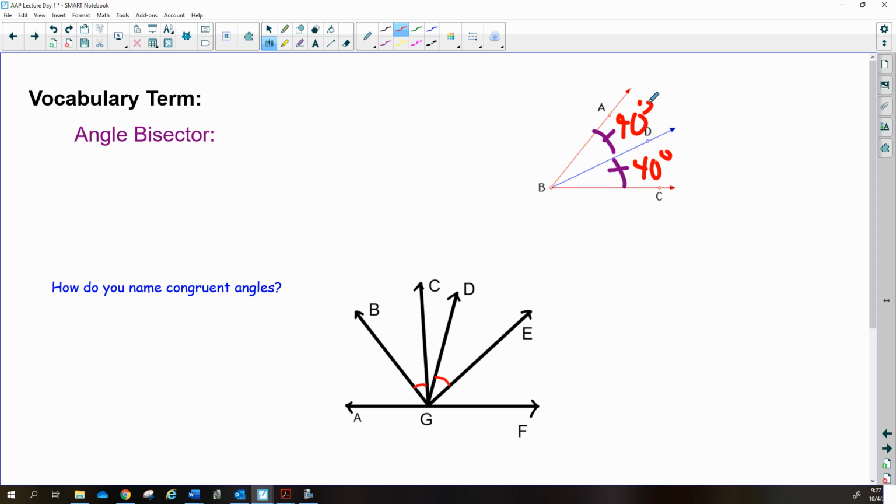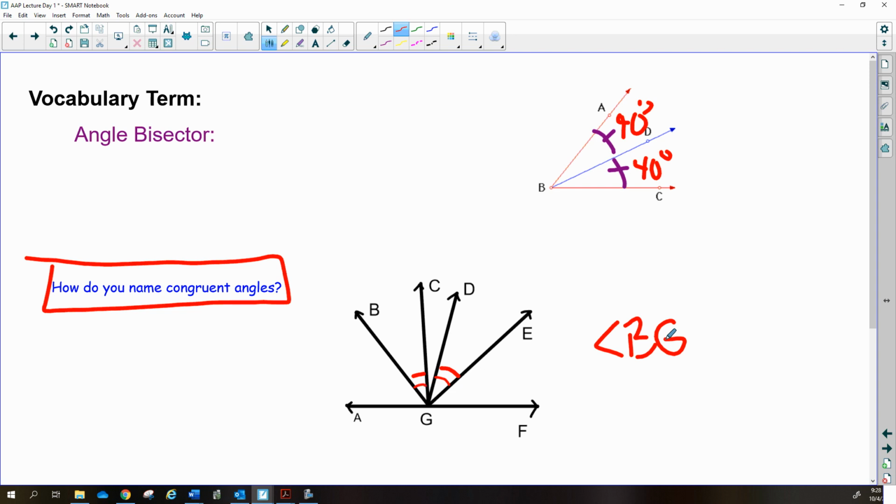Looking at the second shape down here, it says, how do you name congruent angles? Well, you can see that I put a mark in this angle, and I put a mark in that angle right there. So angle BGC is going to be congruent, and the congruent symbol looks like an equal sign with a little squiggly mark over it, to angle DGE.